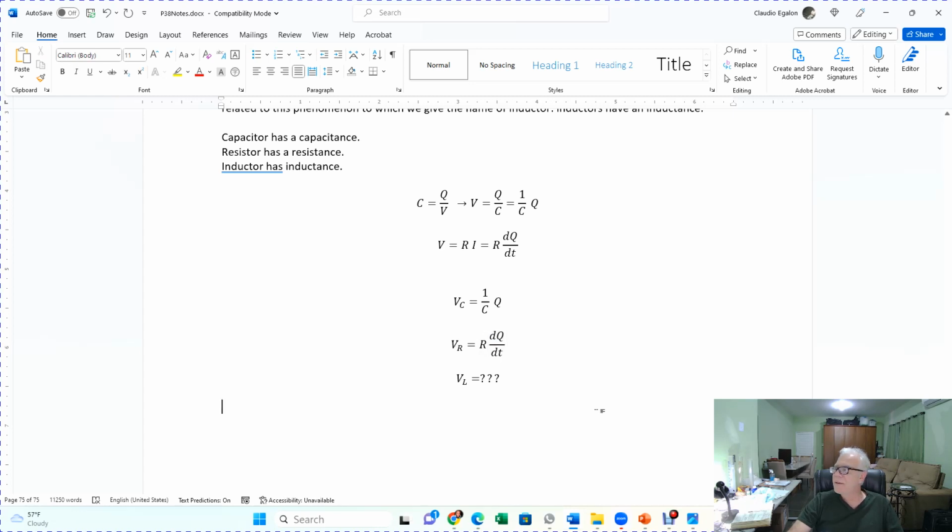What about the inductor? What are you going to get for the inductor, right? Before we do that, let's consider what happens when we get two devices together, two coils together.